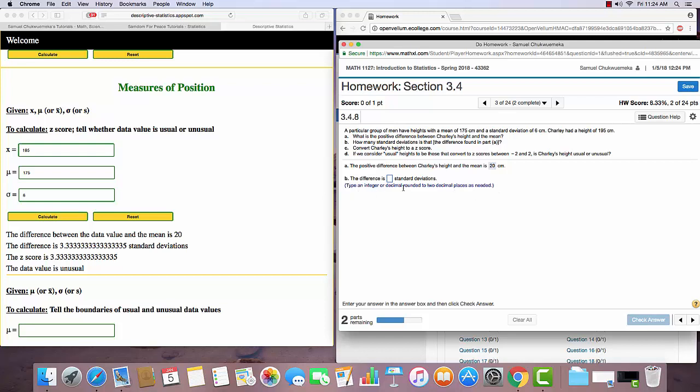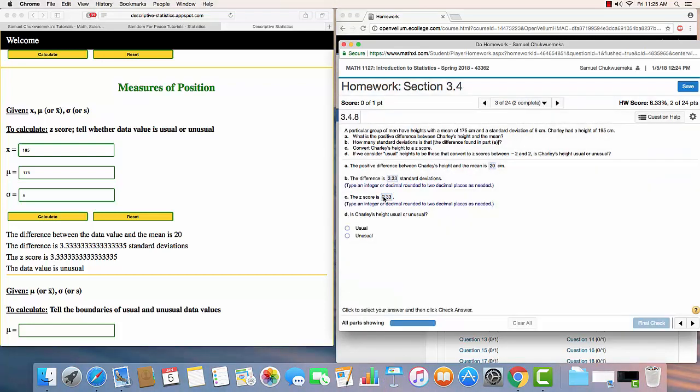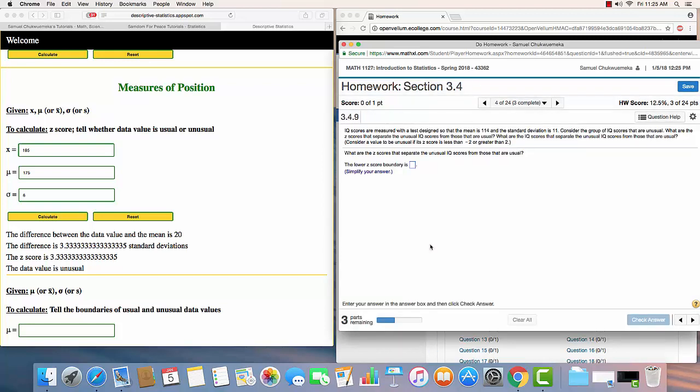The difference, to 2 decimal places, is 3.33 standard deviations. The z-score is 3.33. And the data value is unusual. It is unusual.